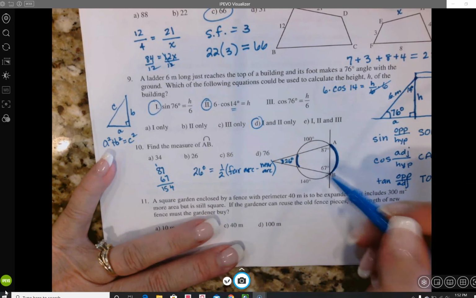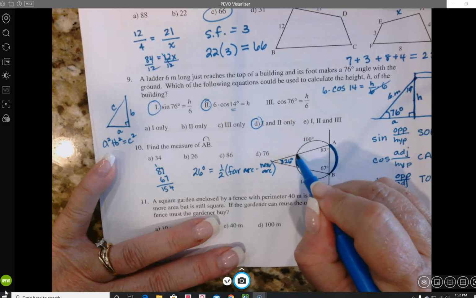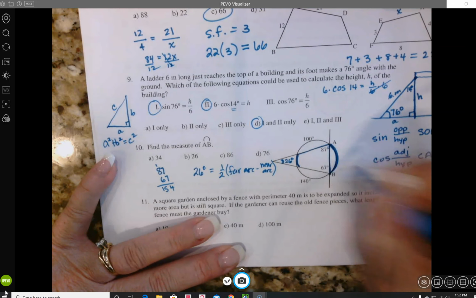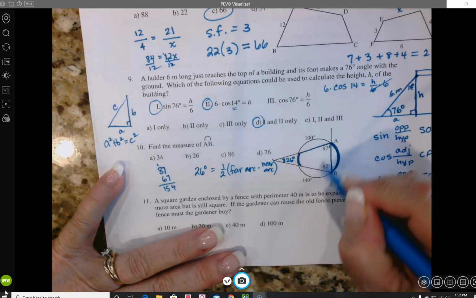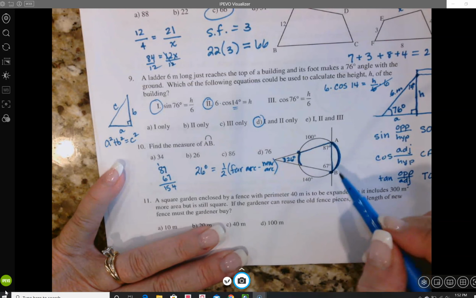Then the other rule about inscribed angles and triangles is that this 87 right here, if I double that number, gives the piece of the circle that 87 cuts off.